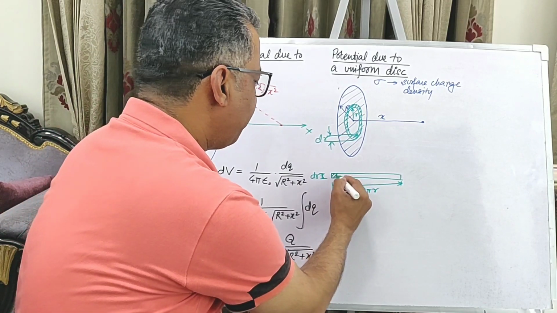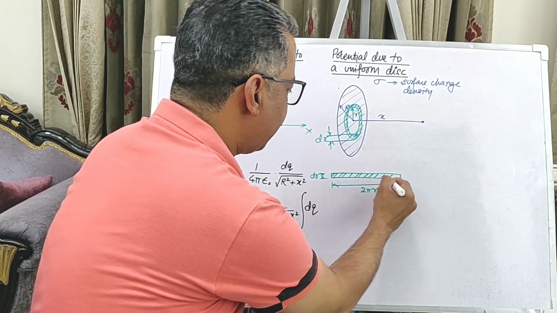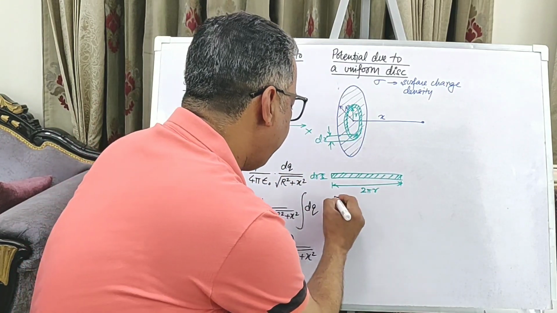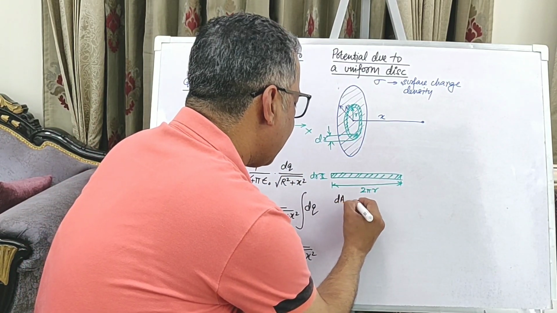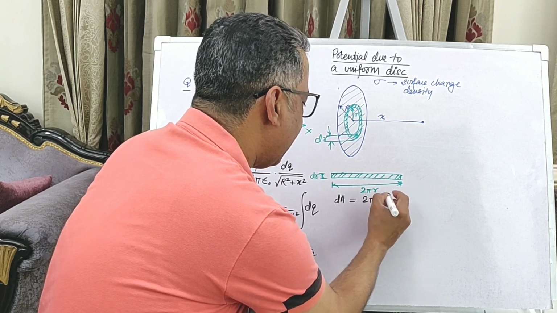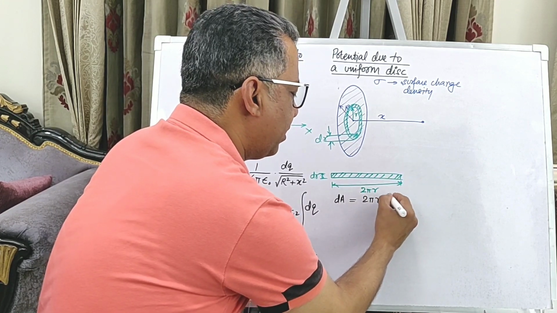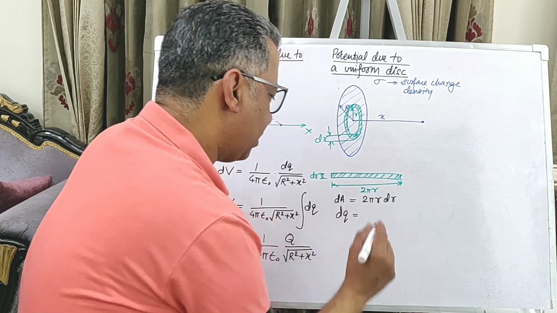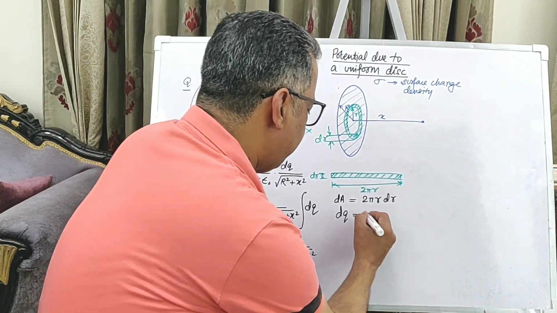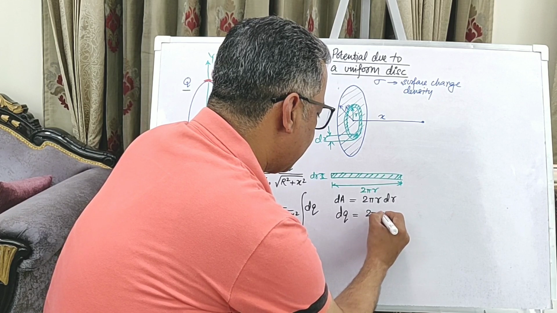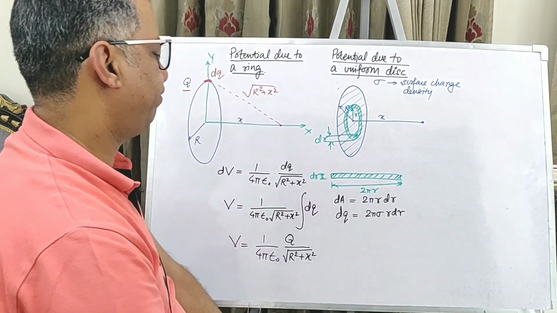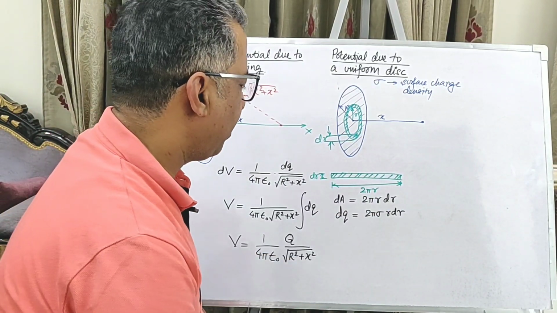Correct? So the area of this ring is dA, and that's 2 pi r, the length, times the width dr, and therefore the charge on it, that's dq, will be given by 2 pi sigma r dr. That's the charge on it.